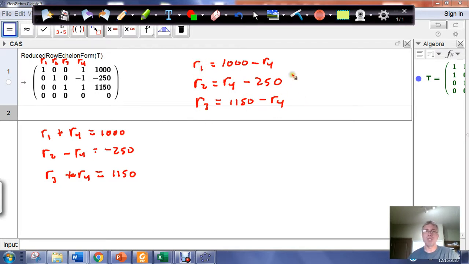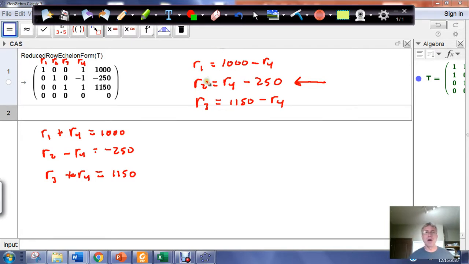And then the job is to identify what the traffic flow looks like across each of the roads. And what we need to do is carefully analyze what's going on with road 4. So for example, if we hone in on this relation right here, we have road 4 minus 250. Well, the flow on road 2 can't be negative. These are one-way streets, and the only way a negative would make sense is if we were allowing travel to be going both ways.